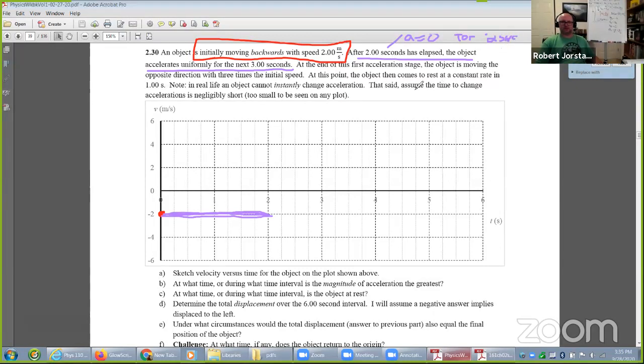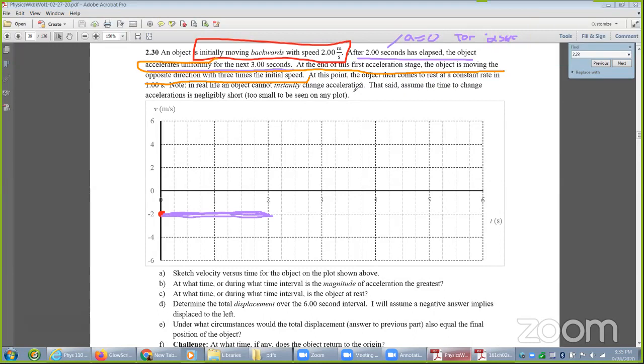All right, so somebody else, now it's going to accelerate for the next 3 seconds. So now we know it accelerates uniformly. And at the end of this, blah, blah, blah. Geez, that's a lot of words. What does that mean? So it's moving in the opposite direction, so it's going to the right.